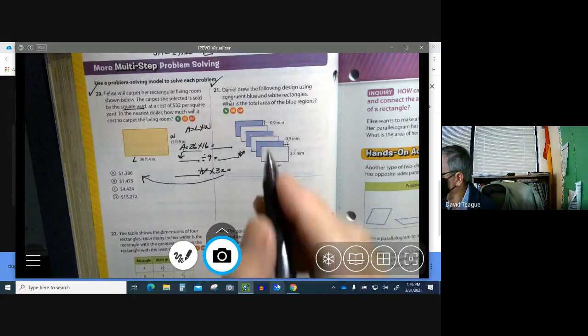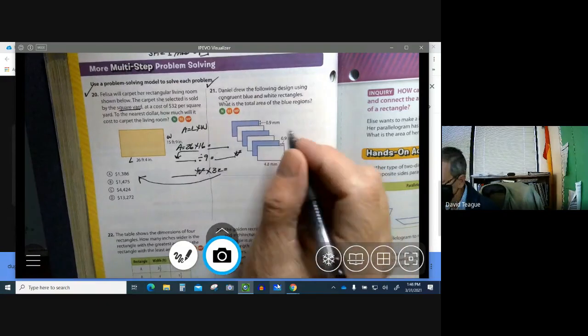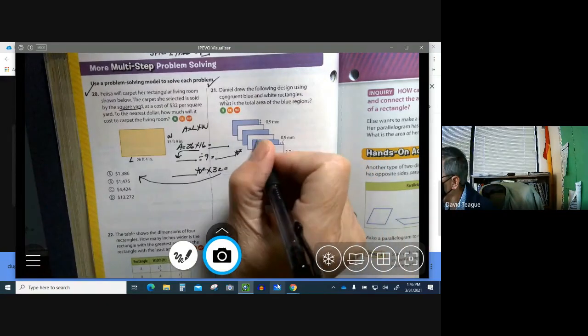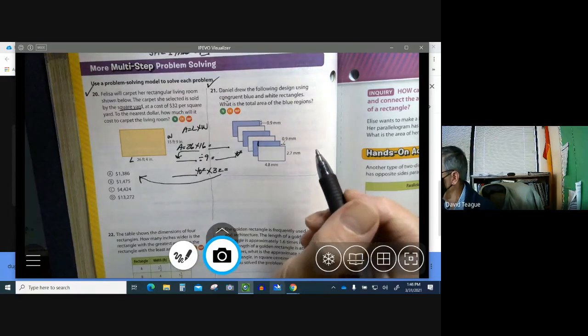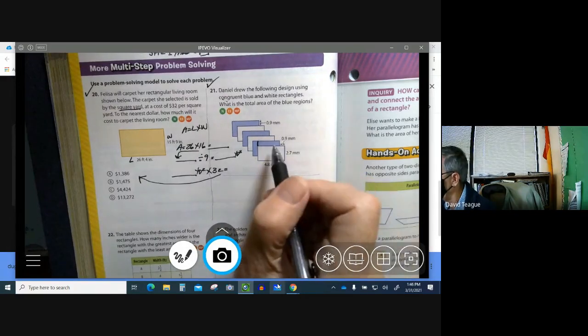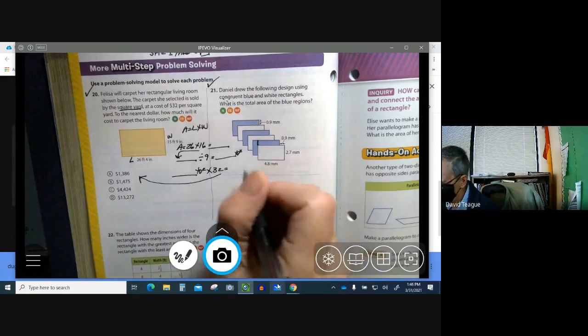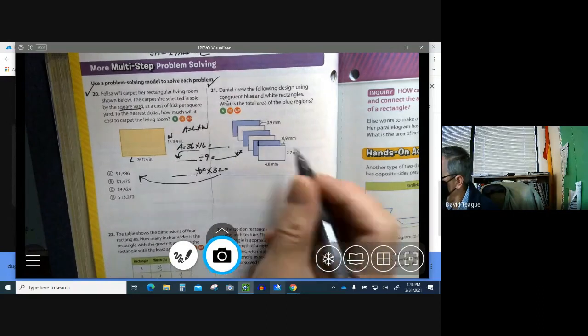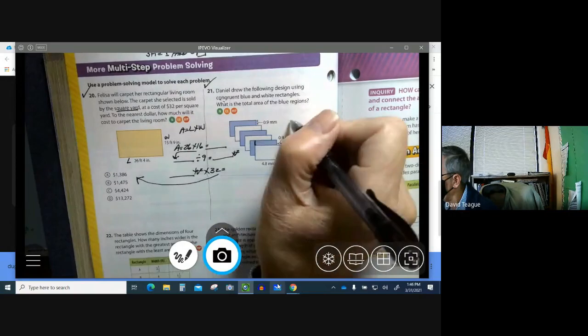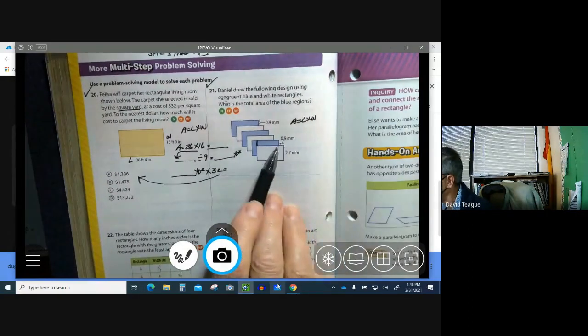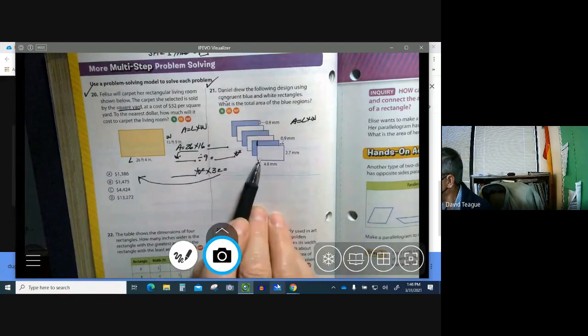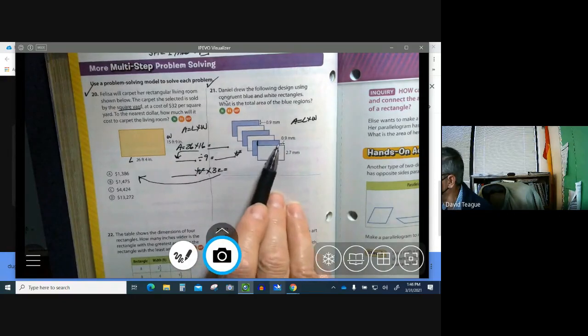Okay, so the easiest way I think to do that is to divide this into two rectangles. Okay, and when I do that, now I can take area, right? So your area is equal to length times width. Well, if you notice, they're giving me my length, my width, and then see how this is offset.